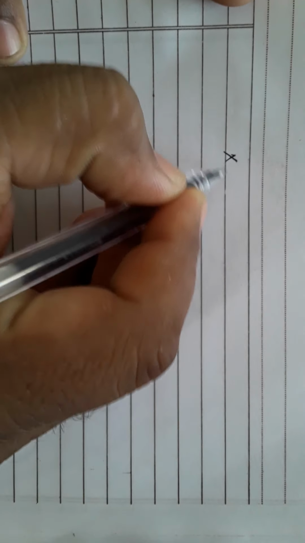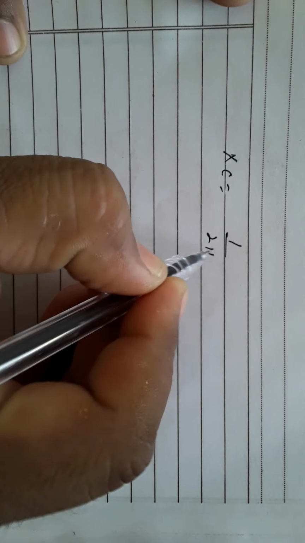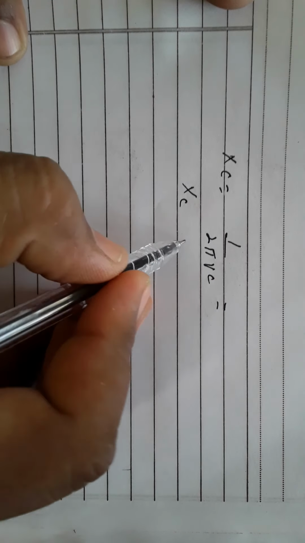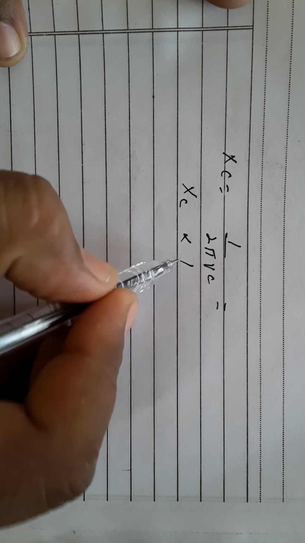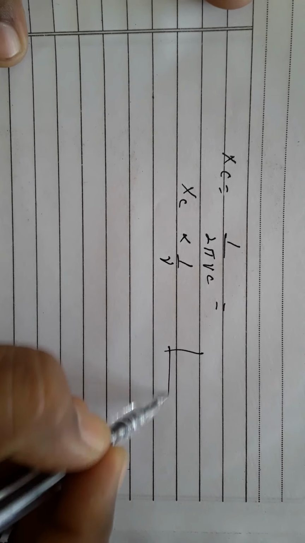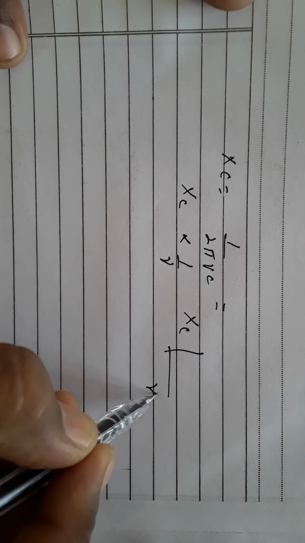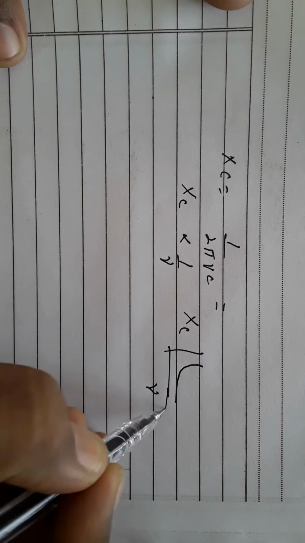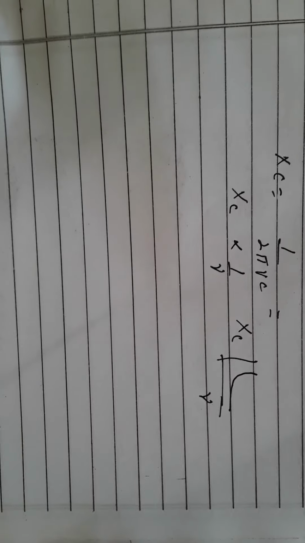According to the relation XC is 1 by omega C, which is equal to 1 by 2 pi nu C, we can say capacitive reactance is inversely proportional to the frequency. If we plot the graph between capacitive reactance and frequency, it is like this curve.